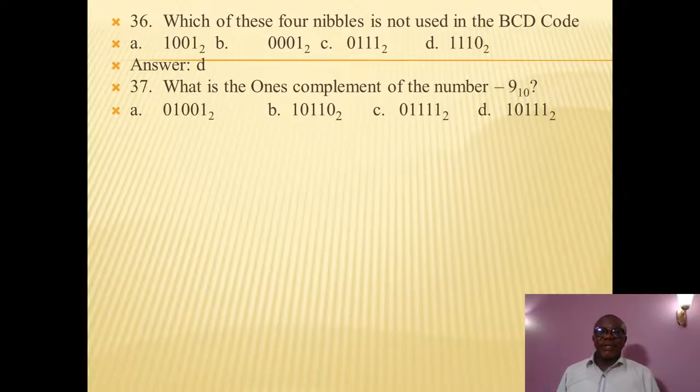manipulate the sign. So, for instance, here it says minus 9. So, what is binary number 9? We know that it is 1001. Because of the minus sign, it appends what?